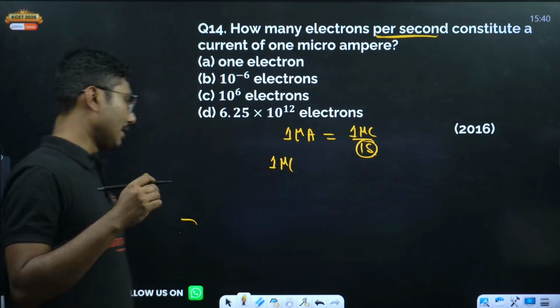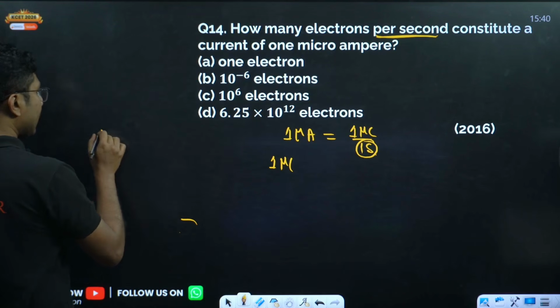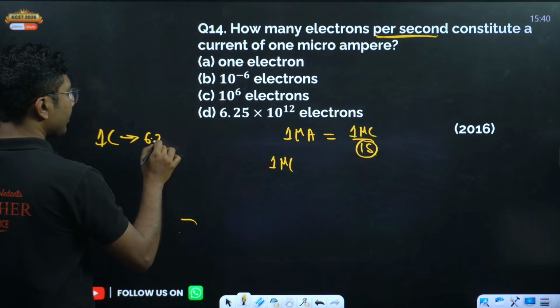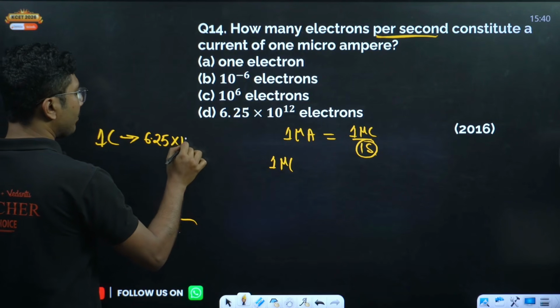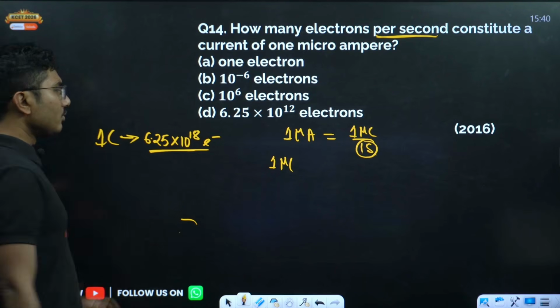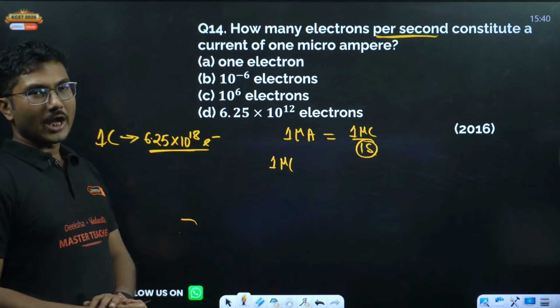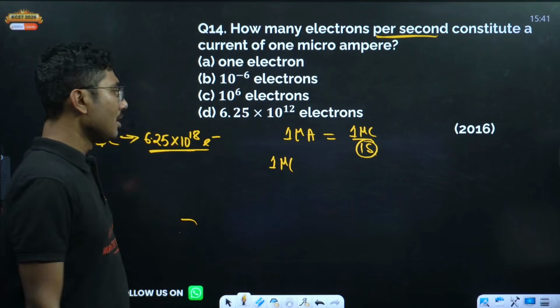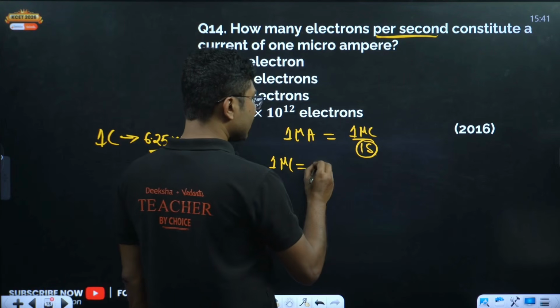Now I always tell my students to remember that 1 coulomb charge is equal to 6.25 into 10 to the power of 18 electrons. This will save a lot of time. So 1 microcoulomb charge means what?